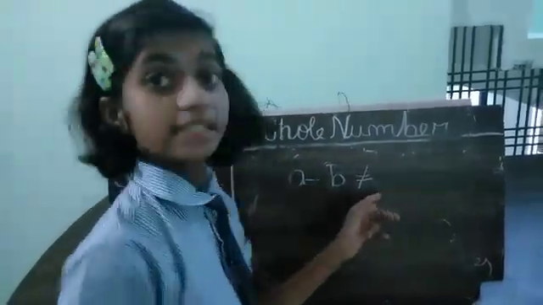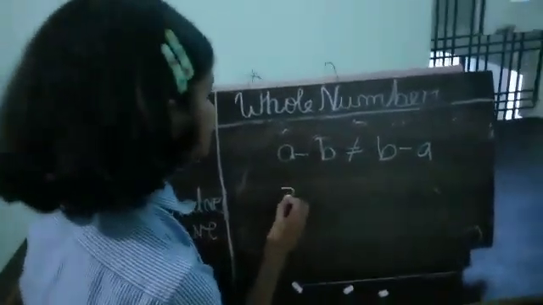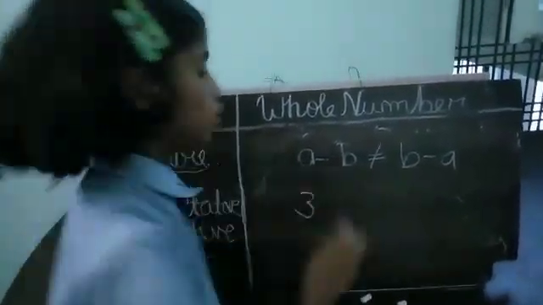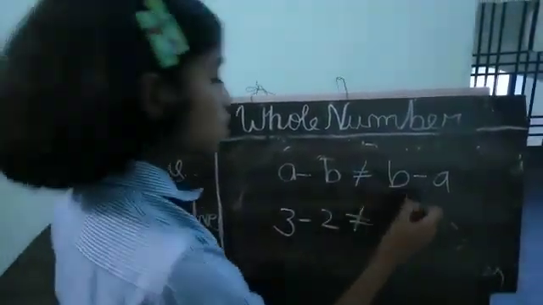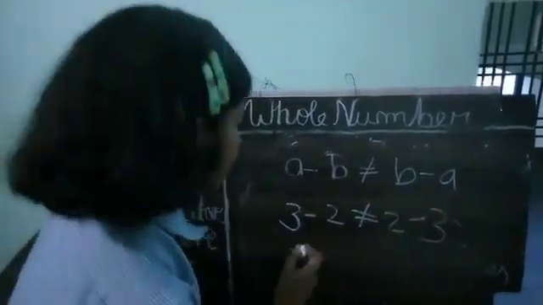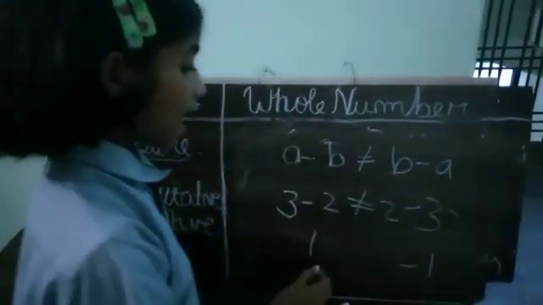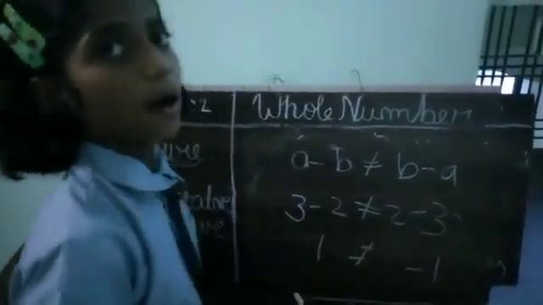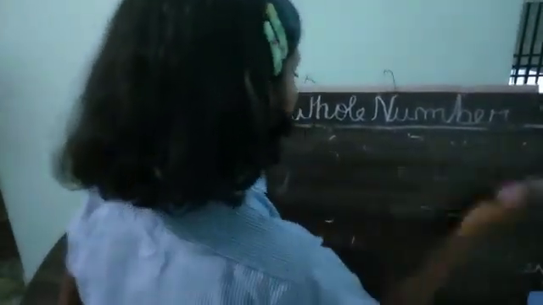Now, by number, the value of a is 3, the value of b is 2. 3 minus 2 is not equal to 2 minus 3, because 3 minus 2 equals 1, 2 minus 3 equals minus 1, and these both are unequal. This is our second property.